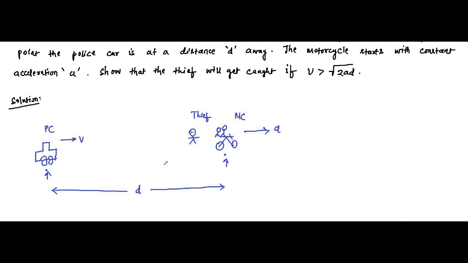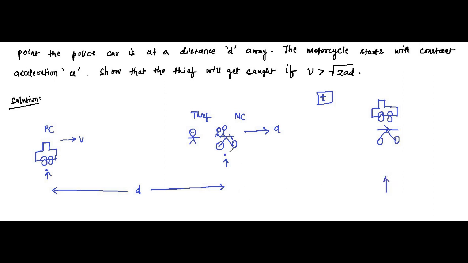Let us assume that after some time t, the police car catches up with the thief's motorcycle, and the two thieves are nabbed. This is after a time interval of t seconds.